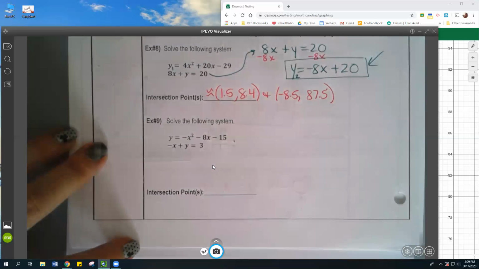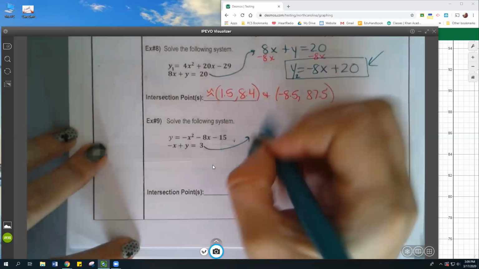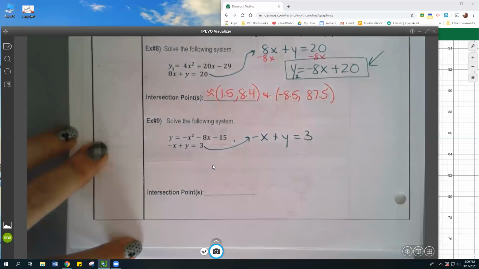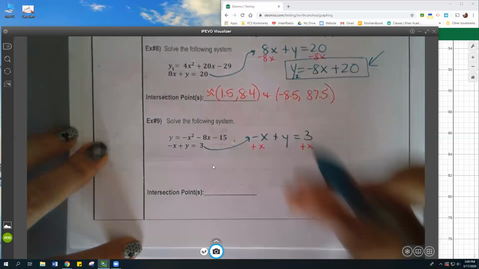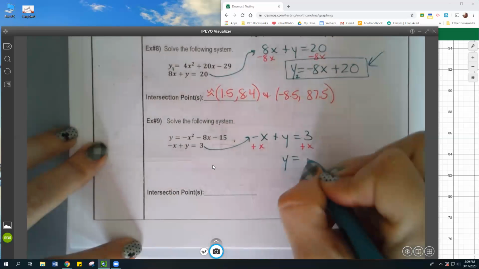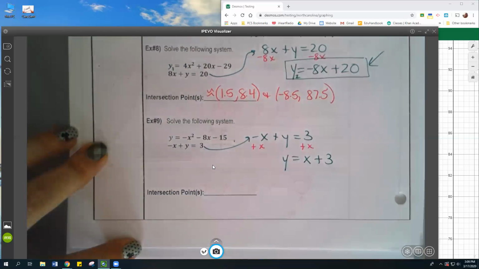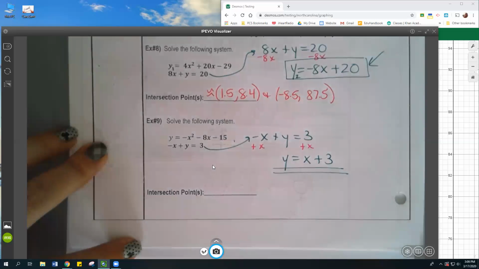So on this last one, first equation would be just fine. I'm going to practice putting that into y equals, and then I will just finish it off on Desmos. So to get y by itself, I am going to add x on both sides. So y equals a positive x plus a positive 3. So if you needed, that would go in on your calculator.